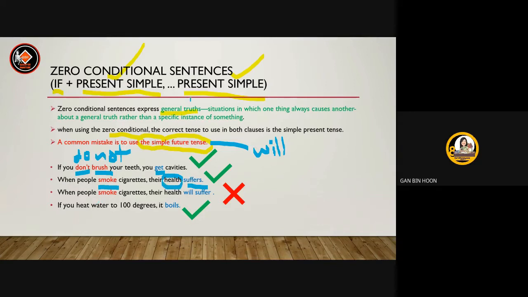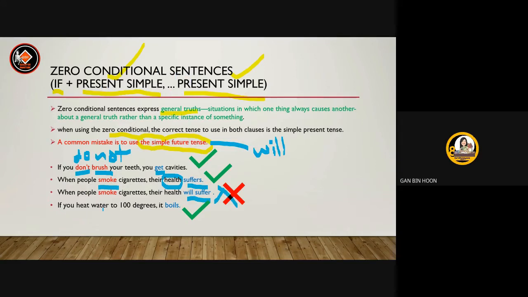Remember our same formula, present, present. If singular, you add s or es, and plural, no s or es. So health is kesihatan, you cannot count, that's why suffer has s. You cannot write when people smoke cigarettes, their health will suffer. This is wrong, okay? Because the formula is present, present.